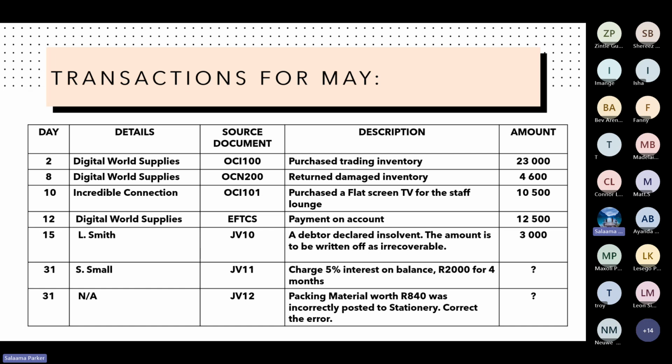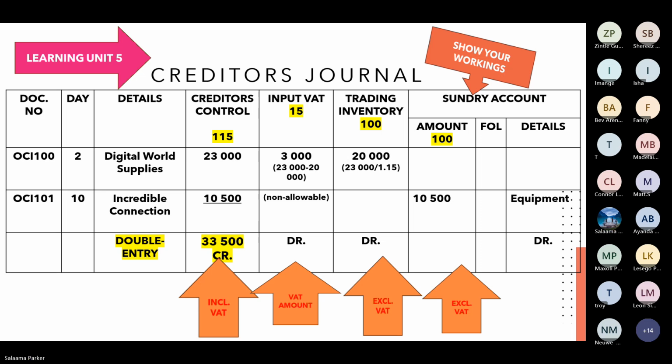Okay, right. So let's see. There we have our journal, our document number, the day, who did we purchase our inventory from, Digital World Suppliers. Into the creditors control is the inclusive amount. Then you calculate your exclusive VAT and then your VAT amount.